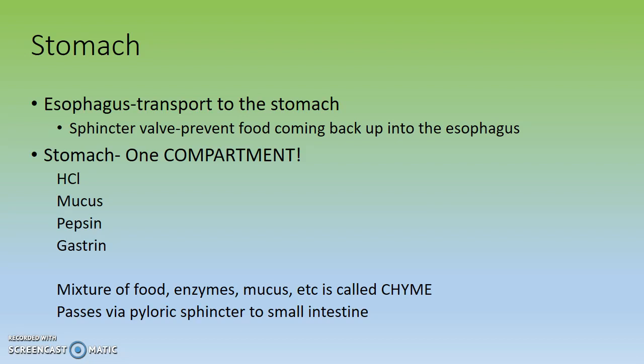Mucus, there's going to be a lot of mucus produced by the stomach, and that's essentially to protect the stomach lining from that acidic environment so you don't get ulcers. Pepsin is going to be an important component that's going to break down proteins into polypeptides. And gastrin, again, is for that enzymatic activity. Okay, and we'll pick up here at the next lecture.